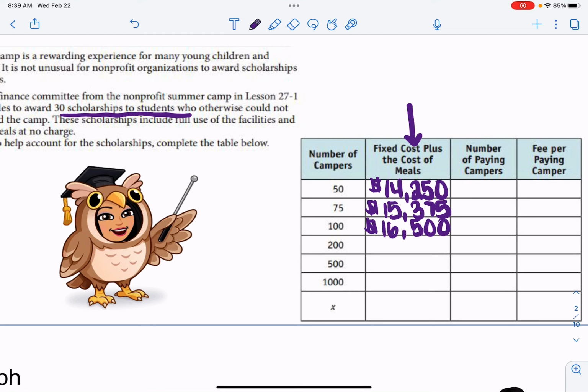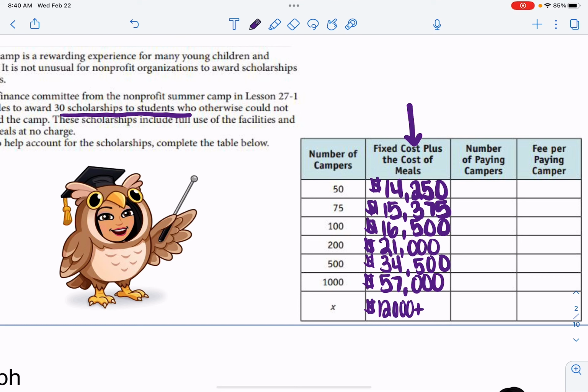For 200 it was 21,000. For 500 it was 34,500. And for 1,000 it was 57,000. How we found that was by doing the fixed cost, 12,000, plus the total cost of meals for every 5 days times the number of campers.